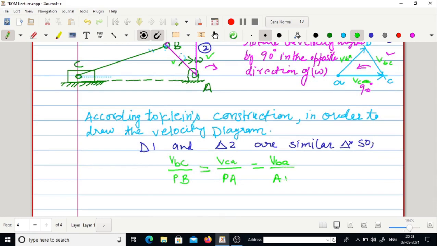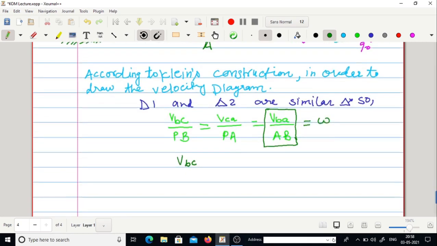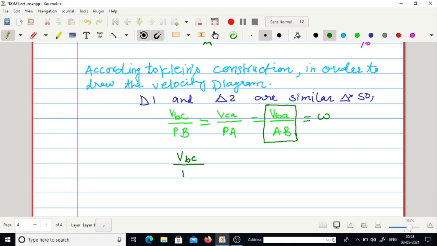I hope this is clear to everyone. Now as we know that the ratio of VBA divided by the length AB represents omega, so this equation can be written as VBC over PB equal to VCA over PA, equal to omega. This value is given or can be calculated.